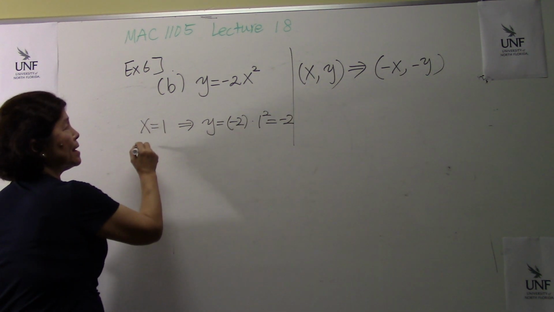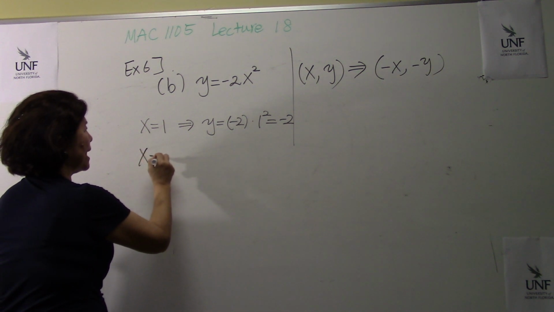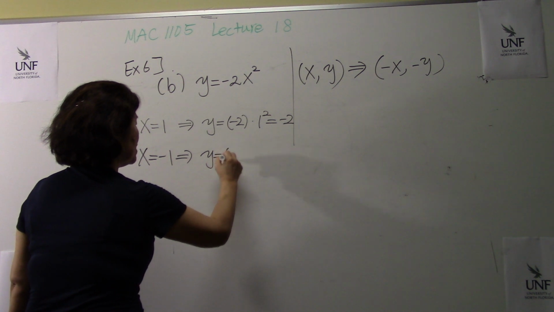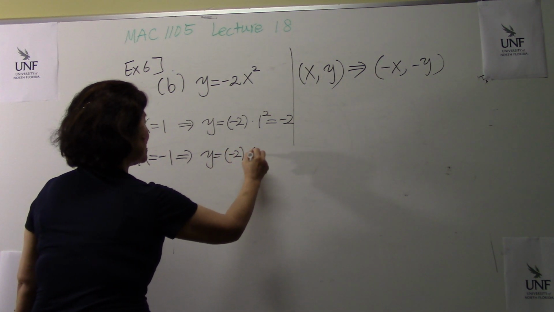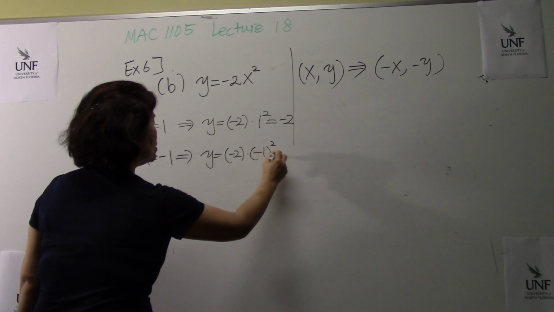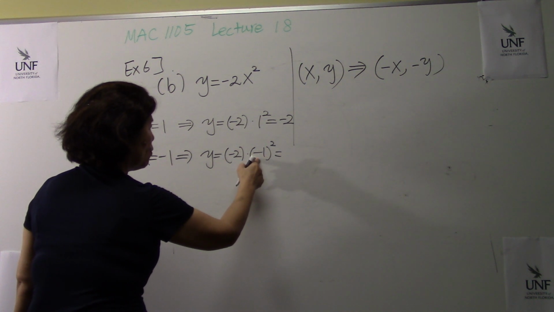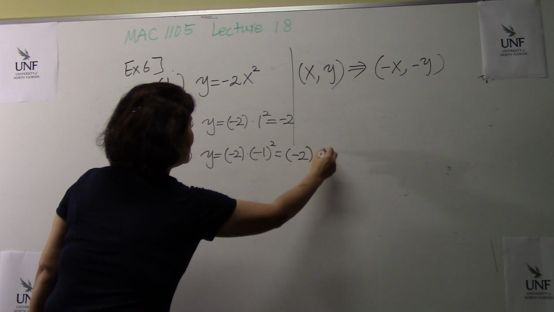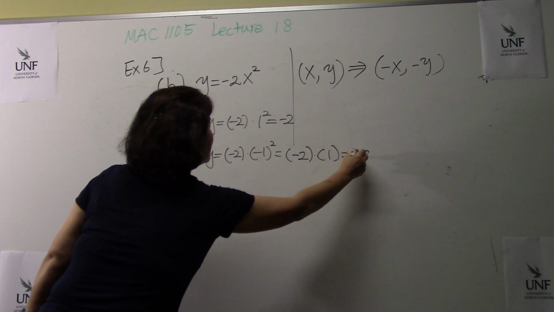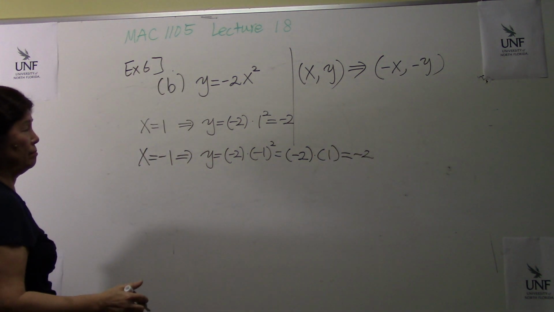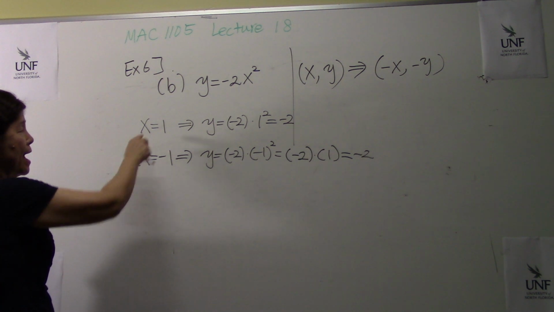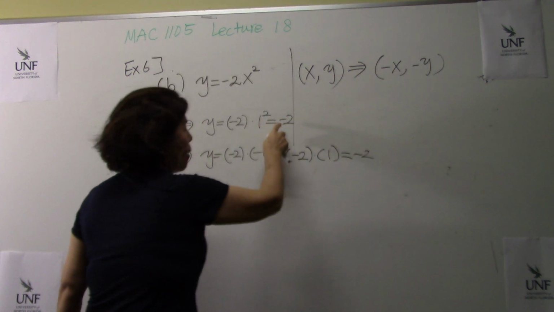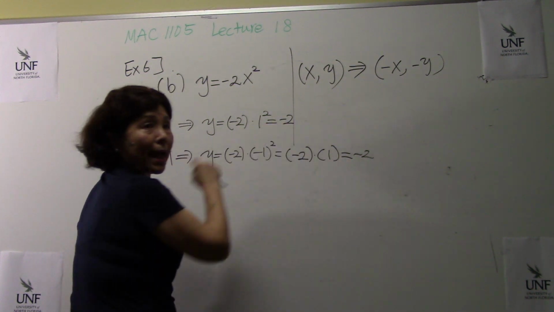On the other hand, if you change it to x equals negative 1, what is the y value? The y value is negative 2 times negative 1 squared, which is what? Positive 1. So negative 2 times positive 1, again the same negative 2. Well, what do you think? x goes to the opposite, but y stays the same as negative 2.